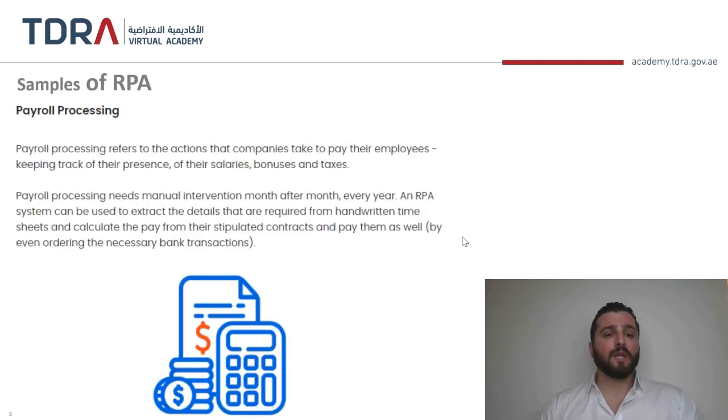Now, if I want to think about certain examples of RPA, we can consider the payroll process for the employees. Usually, we need to track the presence, the salary, bonuses, rewards, allowances, taxes, absences.